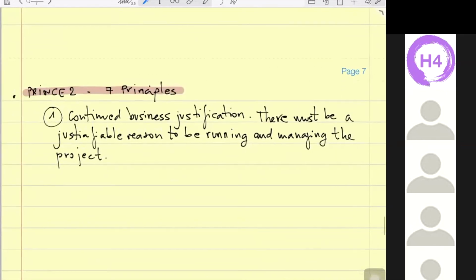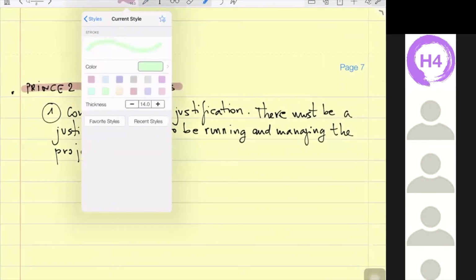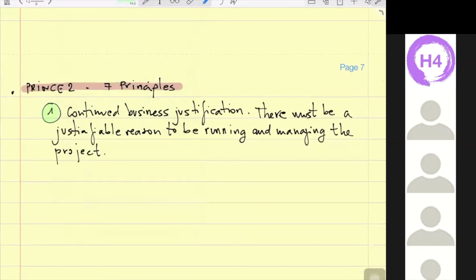Sometimes you start a project, but in the middle, your project loses justification. So keep on track on that. Circumstances change, and then your project has no meaning at all. So you need to always have a justification.